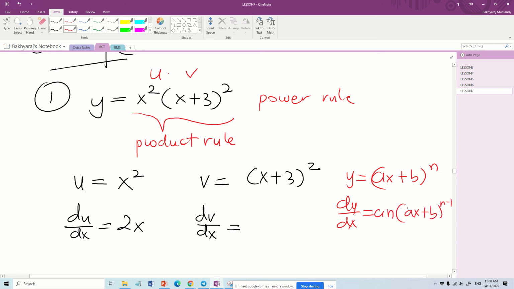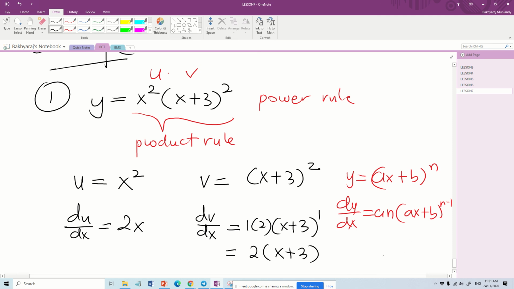So must use this formula. This one is a combination of few formulas, so ini bukan satu sekali terus dapat jawapan. You have to manipulate according to the question. So here you get 1 times 2, and then (x plus 3) power of 1. So you get 2(x plus 3).